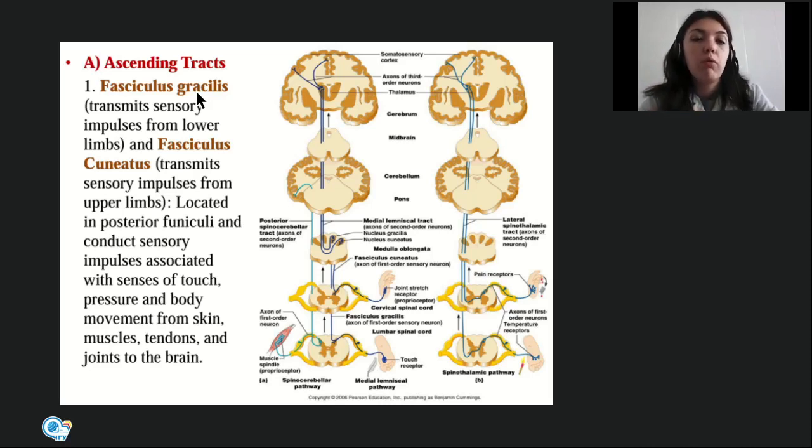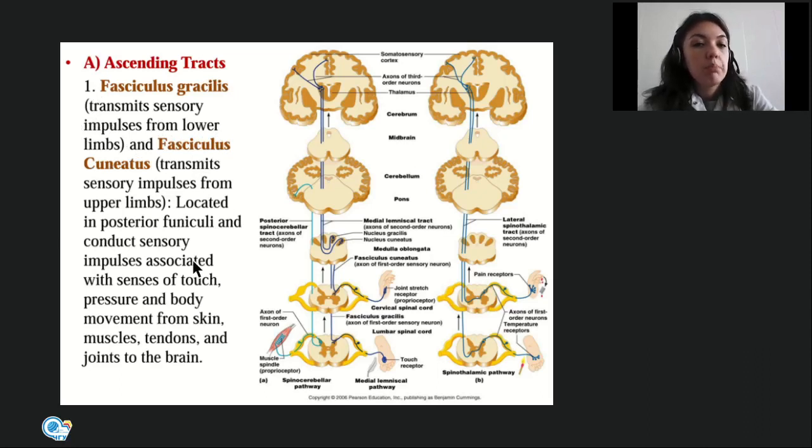An example of a conscious proprioceptive tract is the bulbothalamic tract, which forms in the spinal cord the fasciculus gracilis and fasciculus cuneatus. Fasciculus gracilis transmits sensory impulses from the lower limbs, and fasciculus cuneatus transmits sensory impulses from the upper limbs.